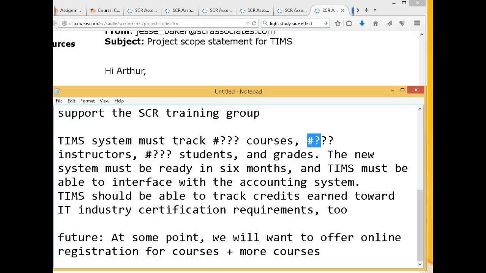Students, 10 students per course might be reasonable, even 5. So 10 courses, 10 students, 100 students seems like a pretty reasonable, achievable goal. And the grades, that will be tables of, probably for each course the student takes, I'd say 10 assignments in a course is probably reasonable. 10 grades might be light.